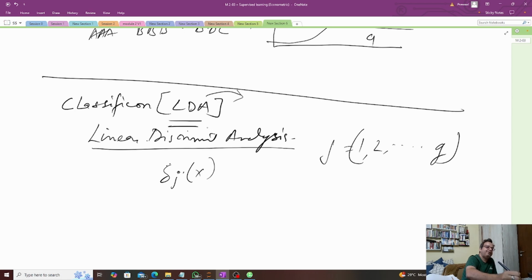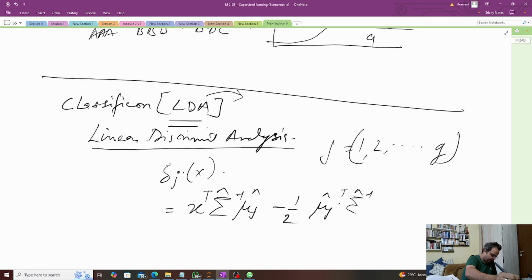So delta j of x is going to be, so it is a slightly complex thing, x transpose sigma inverse mu j cap, minus 1 by 2 mu j transpose sigma inverse mu j, plus log of pi j cap.